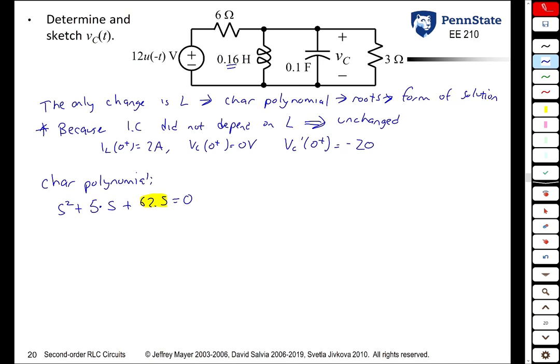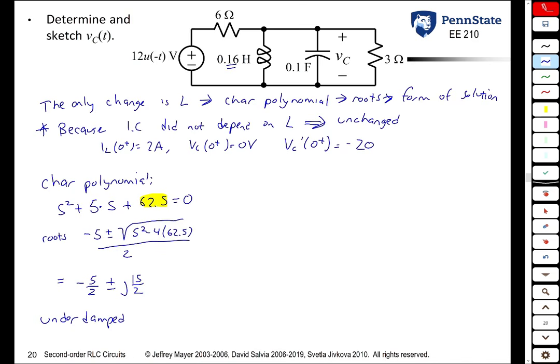So now the roots are going to be minus 5 plus or minus the square root of 5 squared minus 4 times 62.5, all over 2. Now we get complex conjugate roots. We're going to get minus 5/2 plus or minus j 15/2. This is going to be an underdamped case.